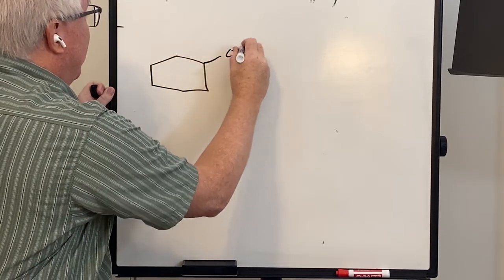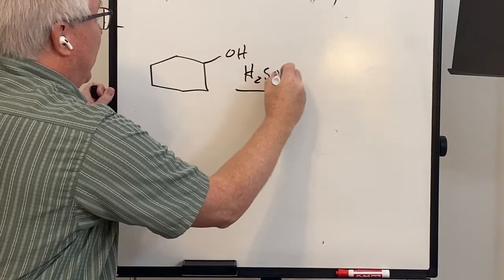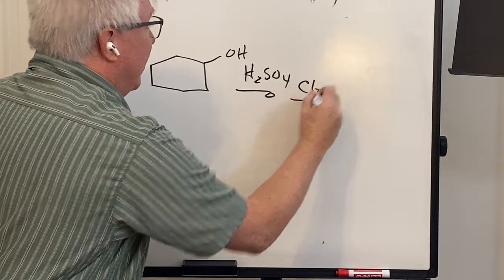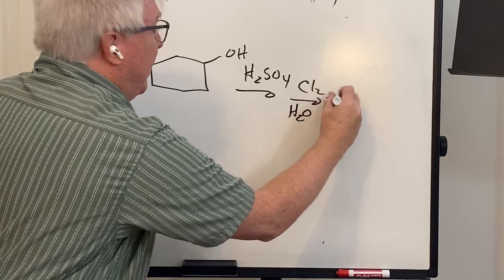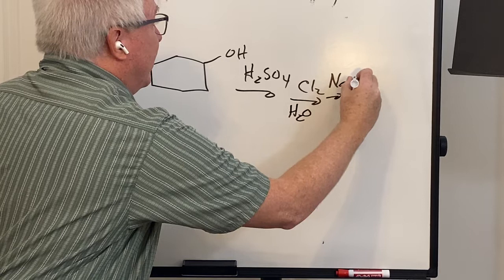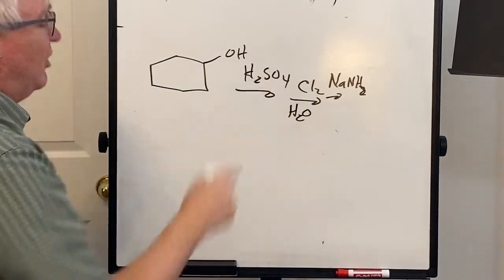Let me get these up here for you. I'm going to treat first with sulfuric acid. Then we're going to treat with chlorine and water. Then we're going to treat with sodium amide. So there's 3 steps. Sodium amide, NH2, sorry.